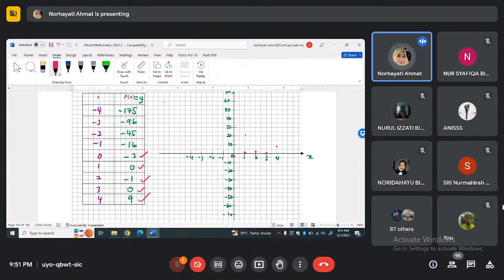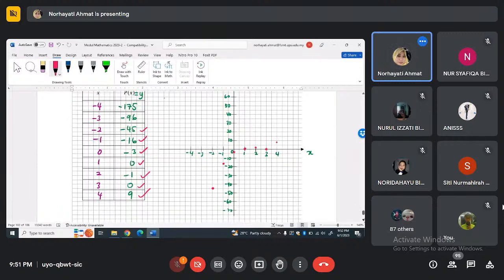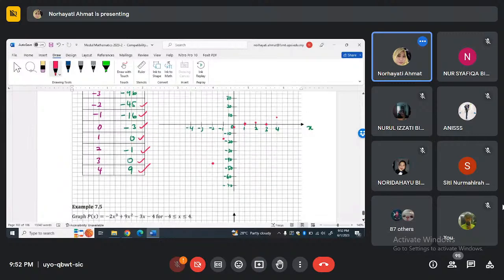For negative x, when x is negative 1, P(x) is negative 16. Negative 16 is here. X is negative 2, P(x) is negative 45. Negative 2, negative 45. Negative 3, negative 96. Much further.